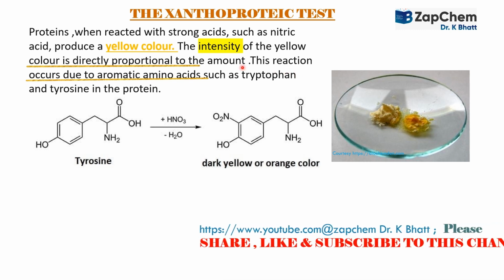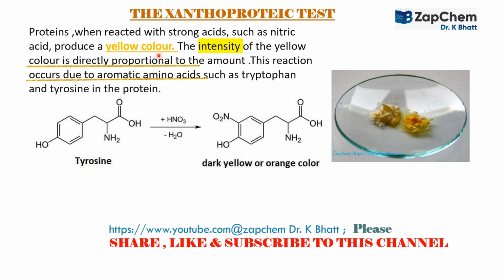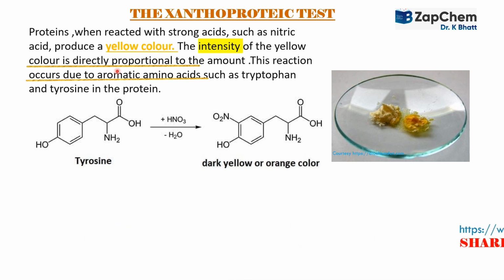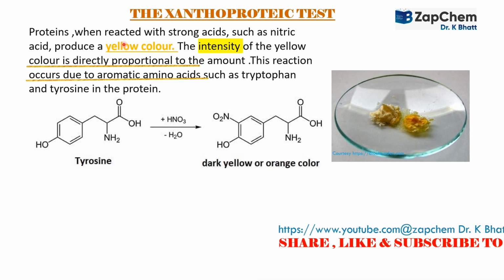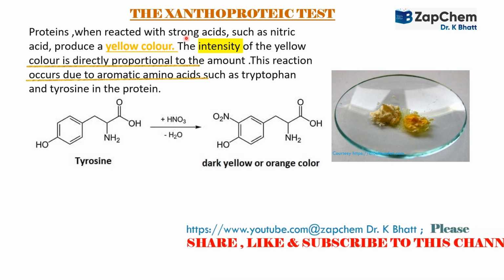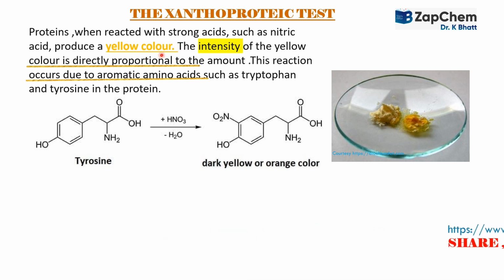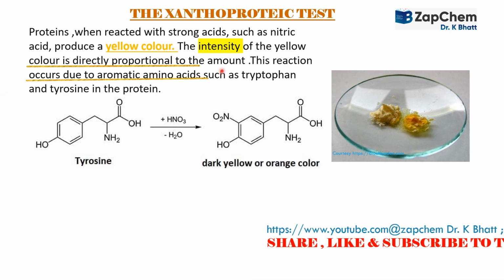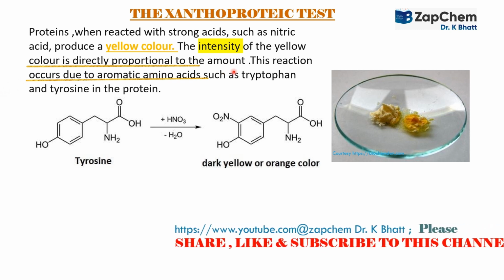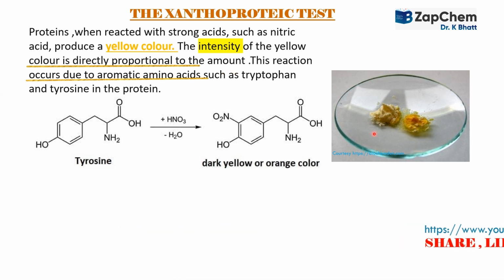This is simply because the skin contains protein, and protein, when it comes in contact with strong acids like nitric acid, turns yellow or orange. The intensity of the color is directly proportional to the amount of the protein present. It is only a representative image.